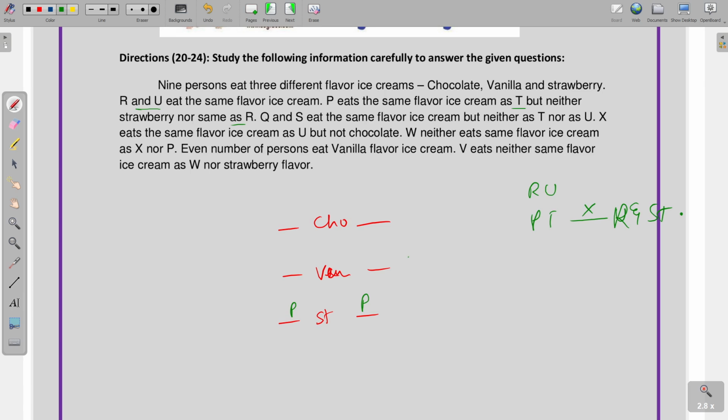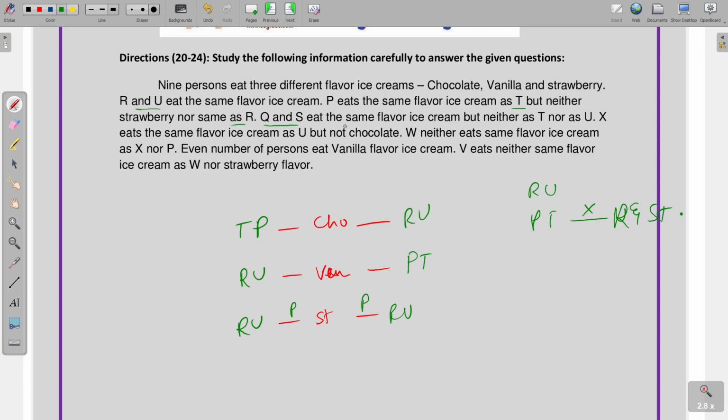P is not coming here, and also not with R. Suppose I place P here, T is coming here, and either RU here or RU here. It is possibility 1. And next, if I place P here, T is coming here. Here RU is coming. It is the second possibility. And let us move on to the next one.